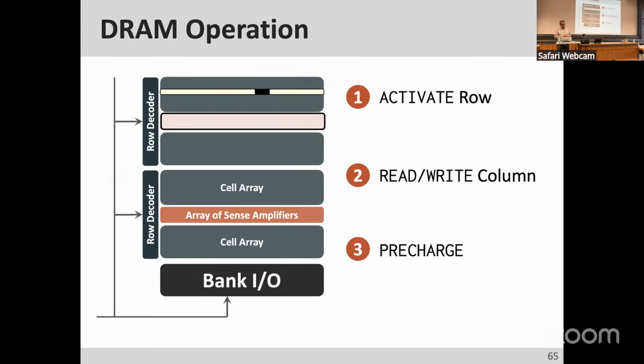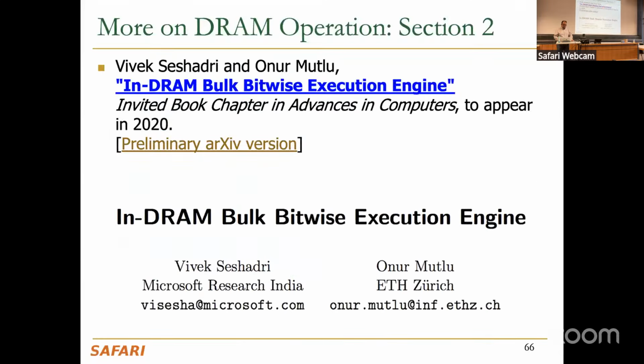So you can have that policy where you keep your row open for a while, and when you don't need it, you close it. And closing means that you precharge it. But with some read disturbance problems that we're going to read about much more later, RowPress for example, it's not very safe to keep your row open for a long time because that can cause read disturbance errors.